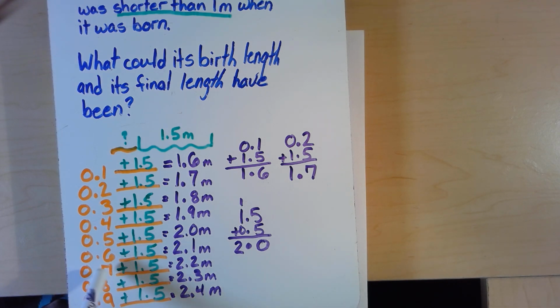If a snake was born at 6/10 of a meter, it grew 1.5 meters, so its lifetime, it would have grown to be 2 and 1/10 of a meter long. That's pretty cool. Good job. I like when I find patterns in math. It's a lot of fun. Stay curious, and I'll see you next time. Bye.